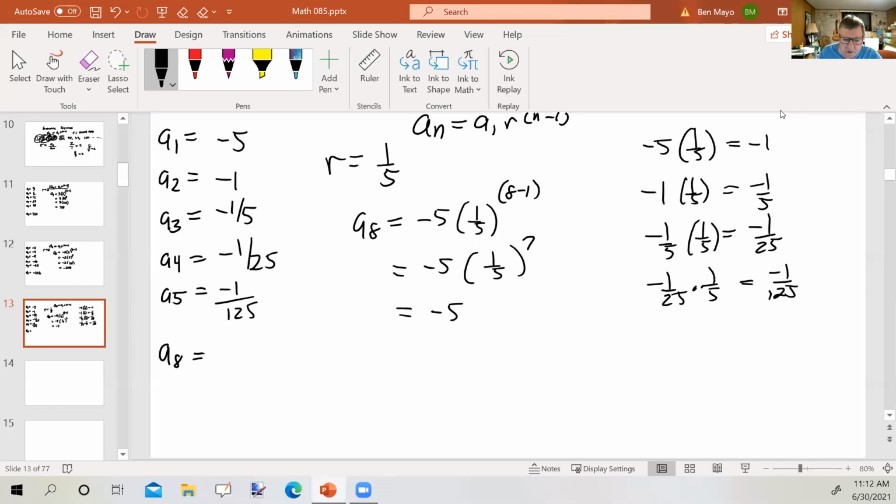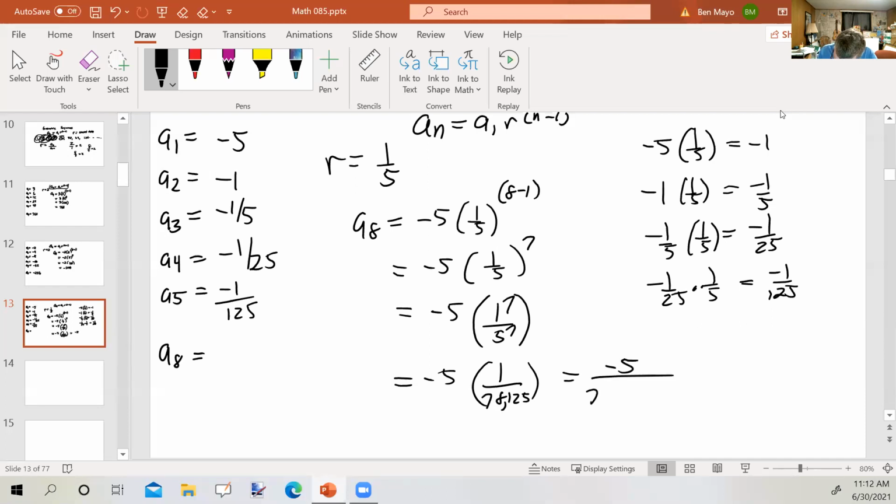Now, 1/5, that is a quotient raised to a power. We would raise the numerator to the power over the denominator to the power. So that would become -5 times 1 over 5 to the 7th power, which is 78,125. So what have I got now? I've got -5 over 78,125.